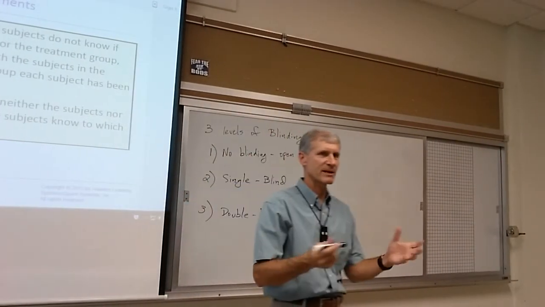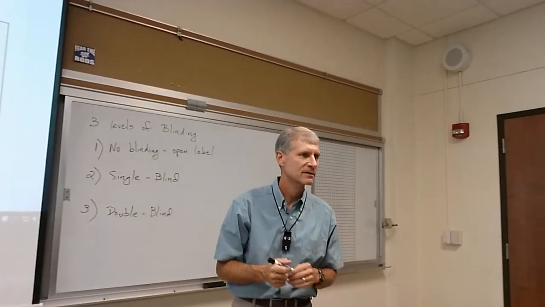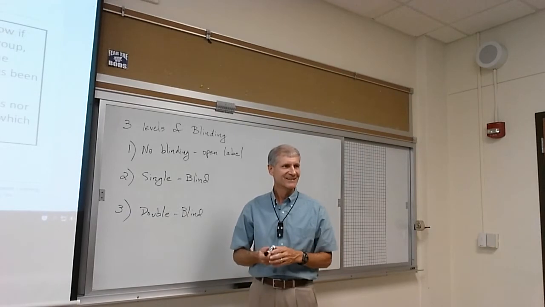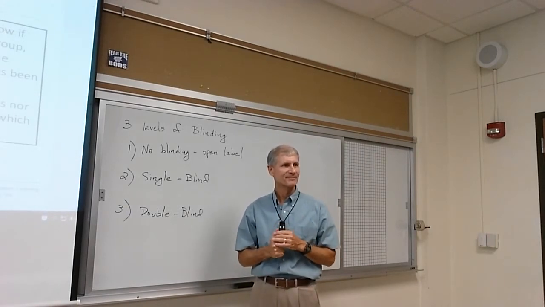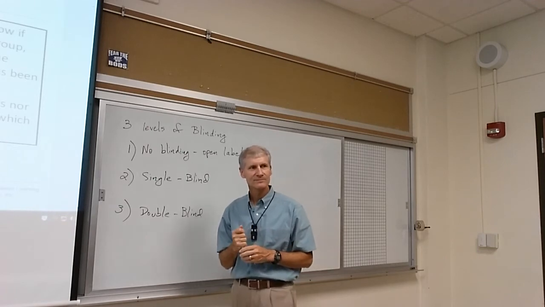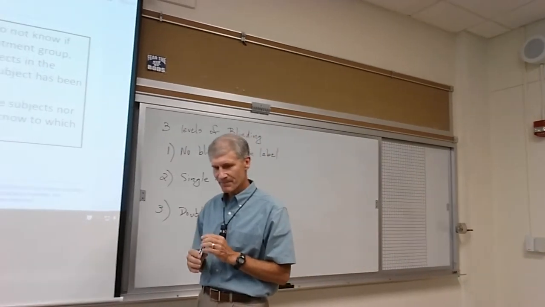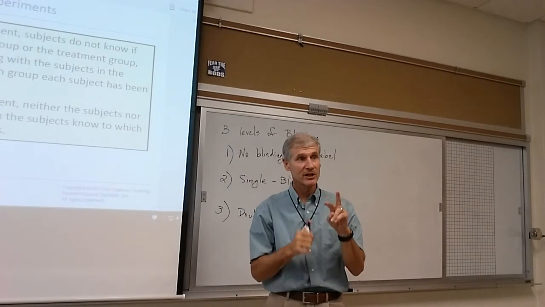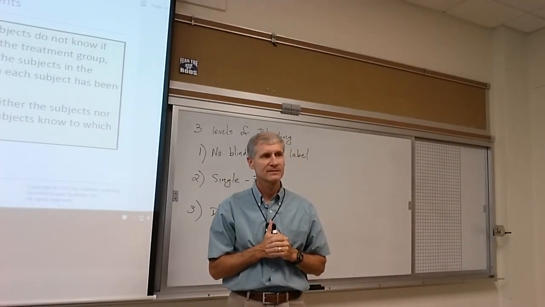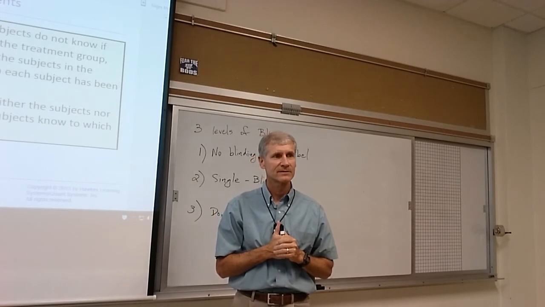Okay, researcher bias. And what does that mean, researcher bias? They know one person is getting the treatment, the other one's not. It can happen in 2 different ways. They may favor some of the people that are experimenting.